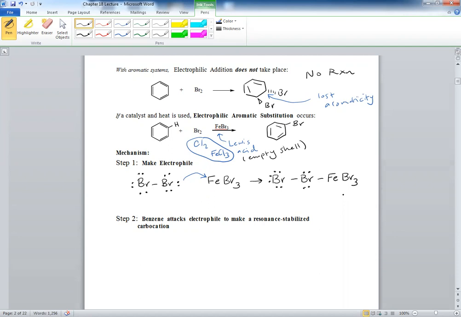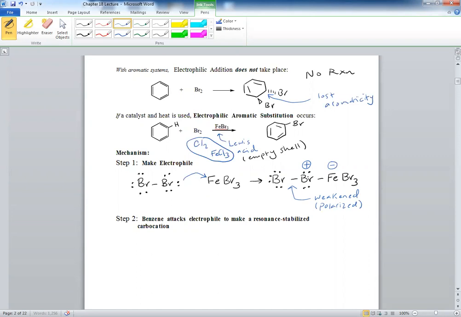Okay. At this point, if we were to put our formal charges, the bromine in the middle would have a plus, and then the iron would be a minus. So what happens is that this bond right here is a weakened bond. We say it's polarized. Polarized, you can see the different charges on this bromine.